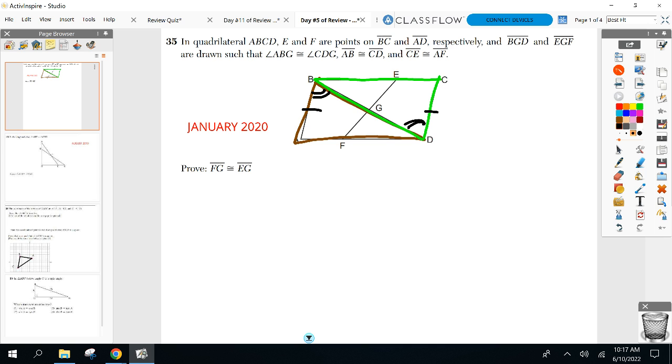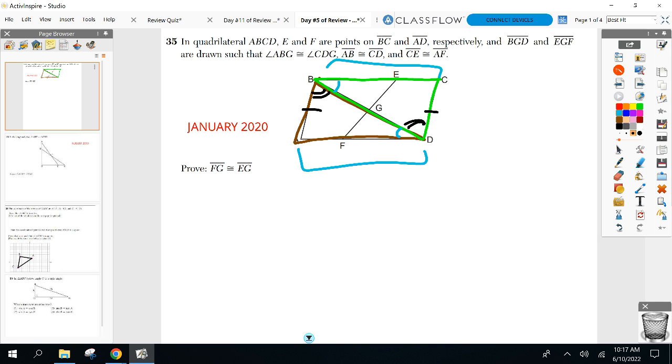What do I know about the two big triangles? Side, angle, side, they're congruent. And then you could have said CPCTC, these two are equal, these two, and then done your subtraction. So that's another way around it. You could have gotten the big two congruent to get some parts. All right, good. Any questions, comments, concerns? Okay, we're done with that.